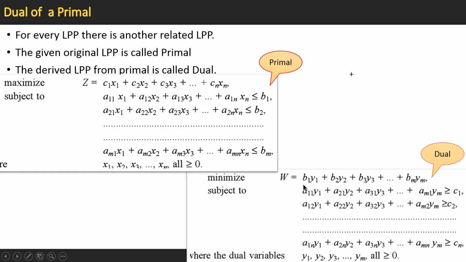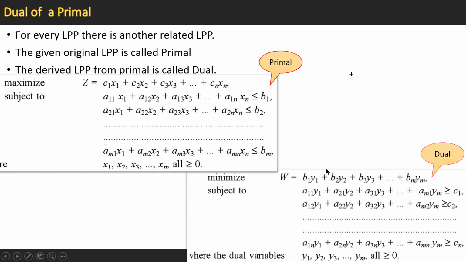Look at these coefficients b1, b2, b3 in the objective function. They are the right hand side of the constraints. So the right hand side of the constraints has become the coefficients of the objective function in the dual. Clear?